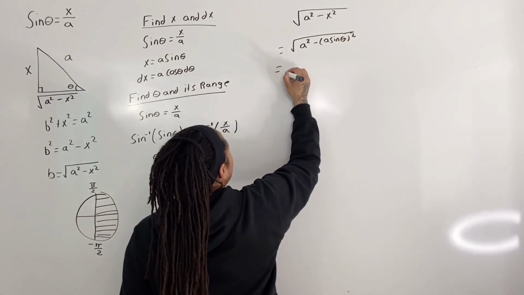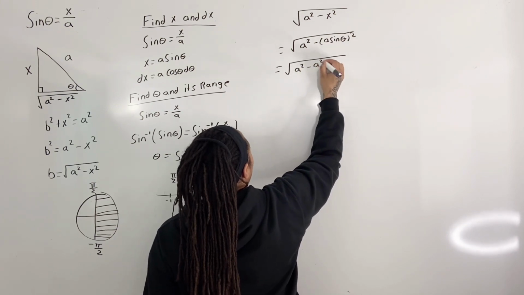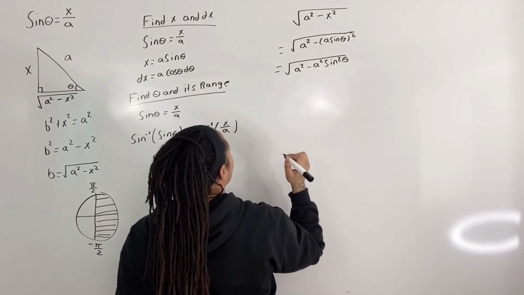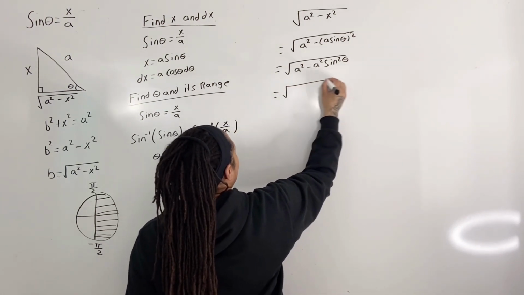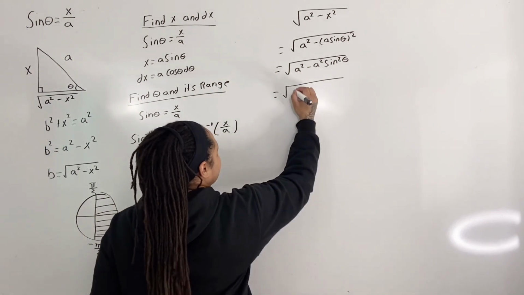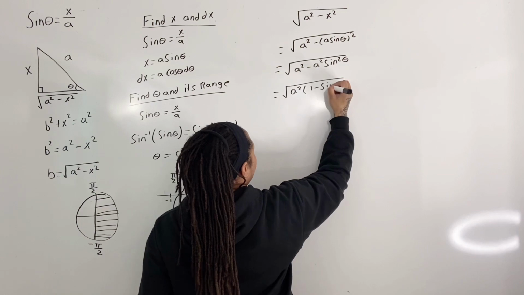So this is equal to the square root of a squared minus a squared sine squared theta. And this is equal to the square root of, if I factor out an a squared, we get a squared times 1 minus sine squared theta.